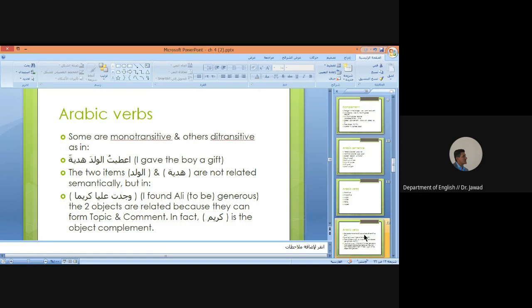Let us consider another example, and then we are going to refer back to the first one. وجدت عليا كريما. Translated as I found Ali generous, or I found Ali to be generous.